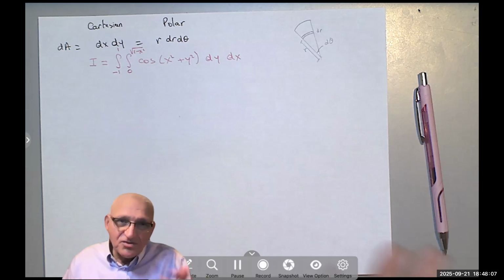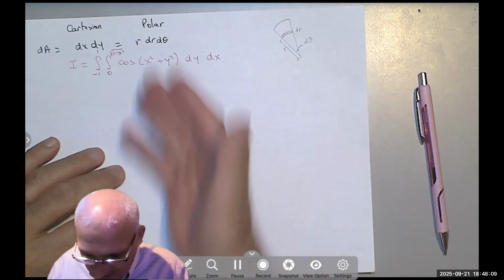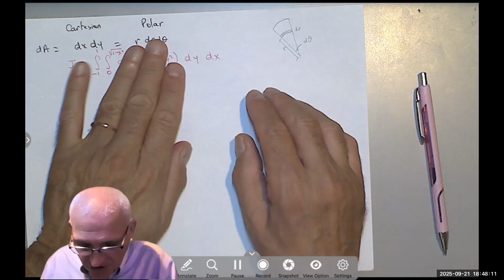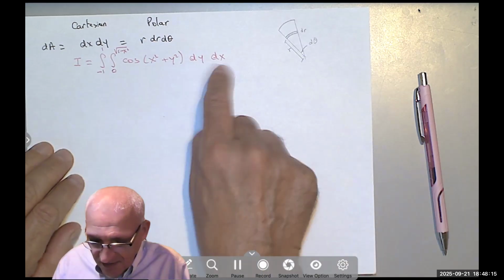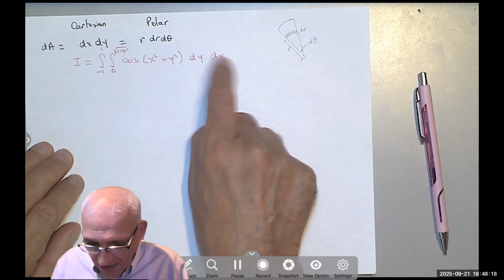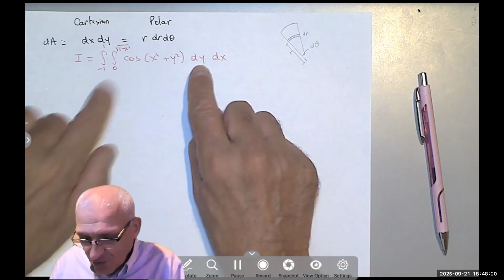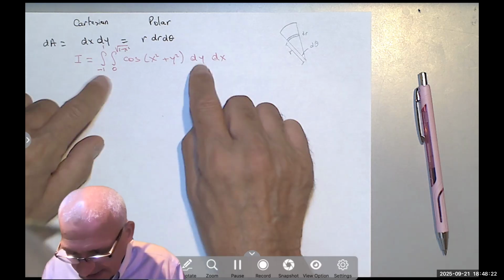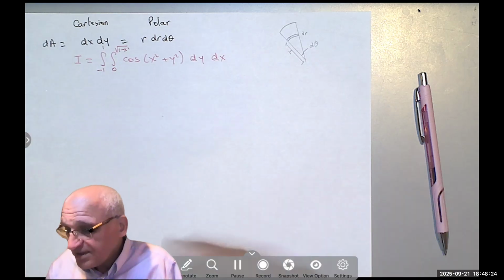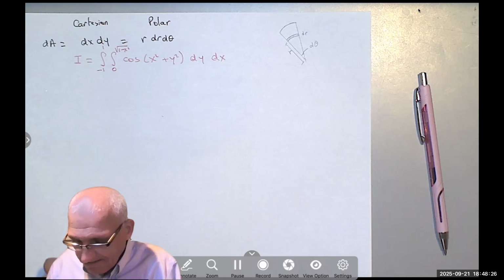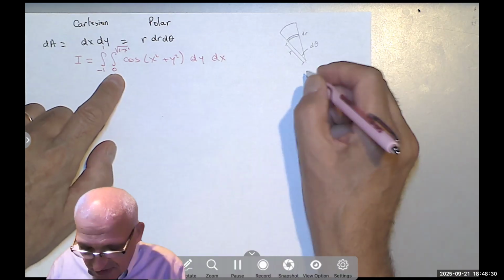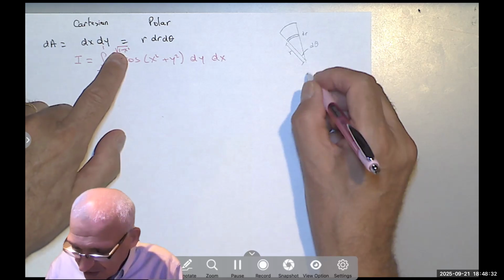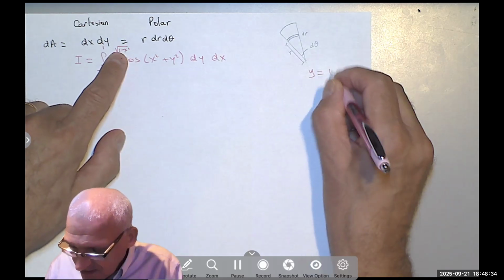Okay, so if I try to plot the area, this shape, I don't care about the function, okay? The function will be multiplied. I just need to find the domain or the area that we are integrating over. Now, the y goes from 0 to the square root of 1 minus x squared.